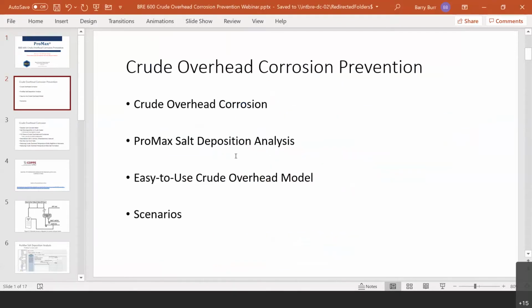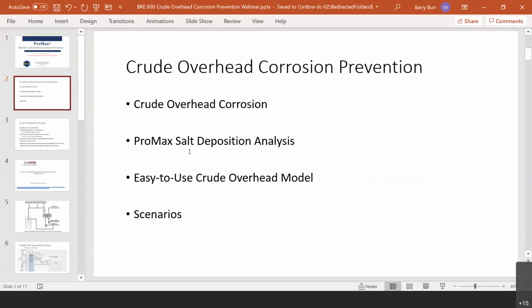We're going to talk about crude overhead corrosion simulation, and hopefully that can lead to the prevention of some corrosion and optimization of the operations of that section of the tower. We'll talk a little bit about crude distillation tower overhead corrosion, and then we'll look into this new feature we have in ProMax.